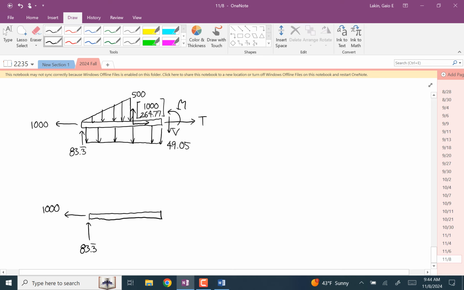Okay, so here we have the point force. For that triangular distributed load, we have a base of 1, a height of 500. So the total force is 250. And the distance from the end is 0.6 repeating.